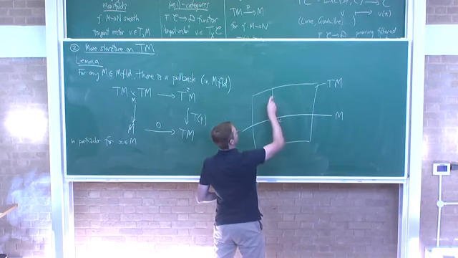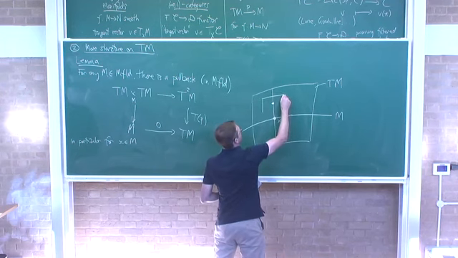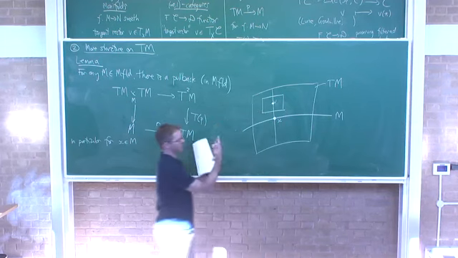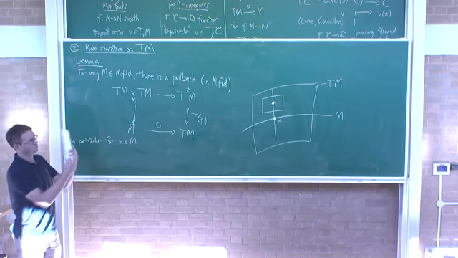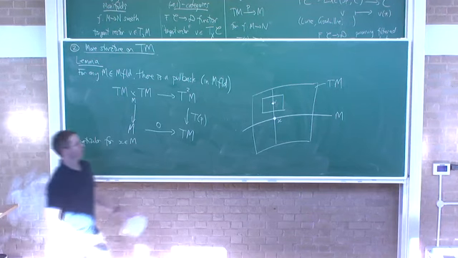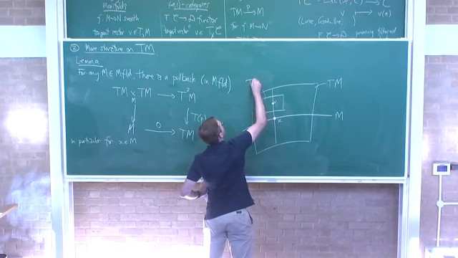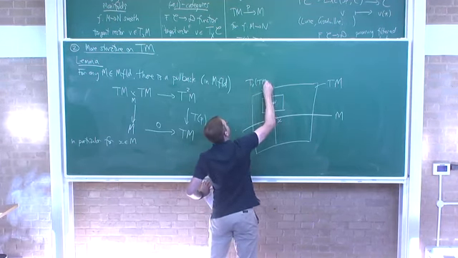In this picture, let me draw that as something looking like this. It's the tangent space to TM at v. So this is T_v TM.